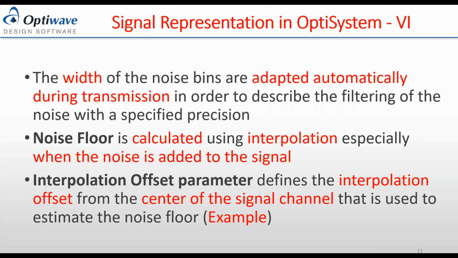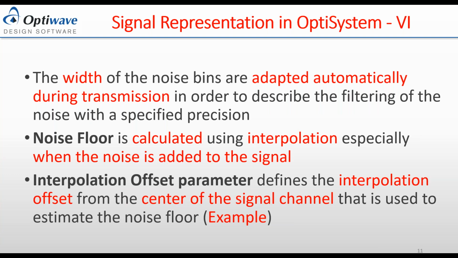The other thing is, when you have a signal and you have noise in the signal, if you wanted, for example, to do some kind of signal to noise ratio calculation, you need to know the noise floor of these signals.